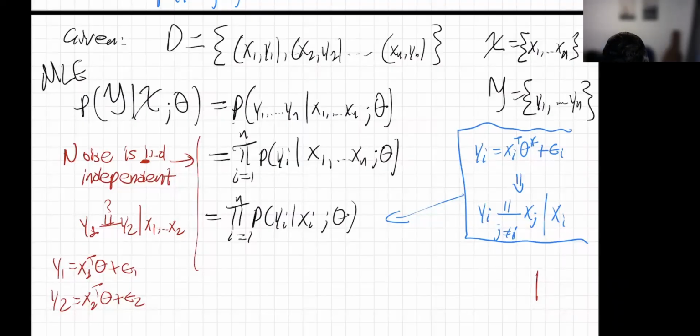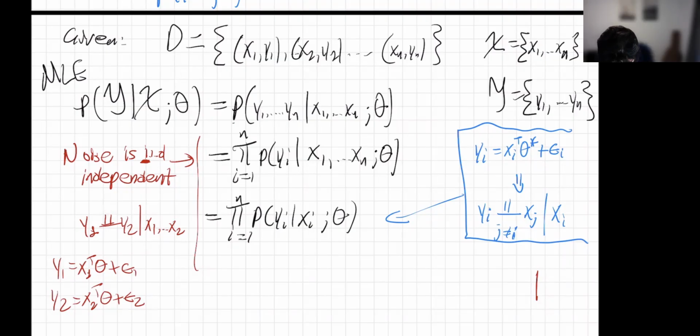So, conditioned on X1 and X2, are Y1 and Y2 dependent or independent? The answer is that they're conditionally independent.